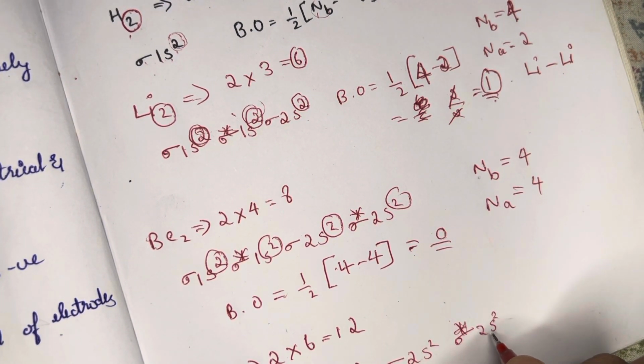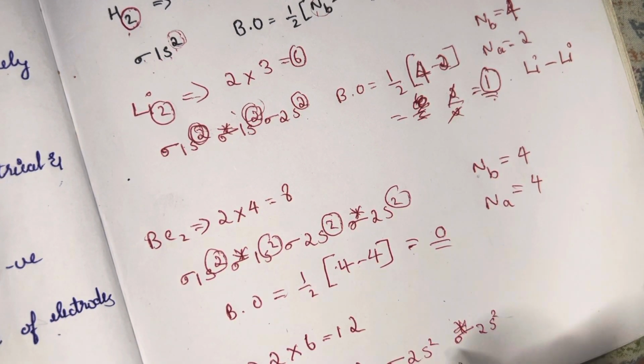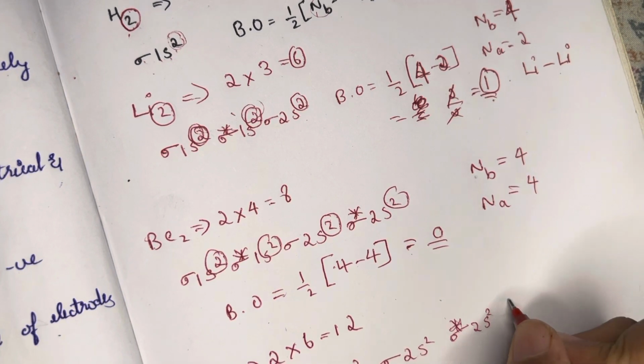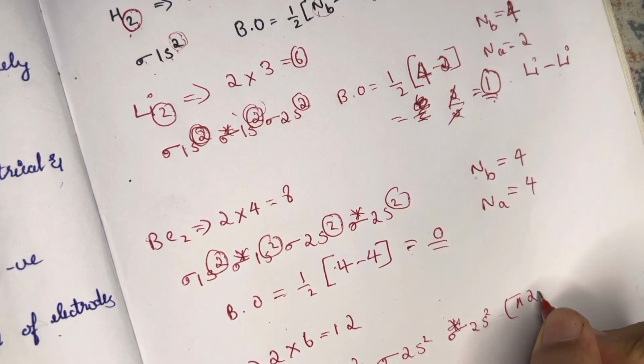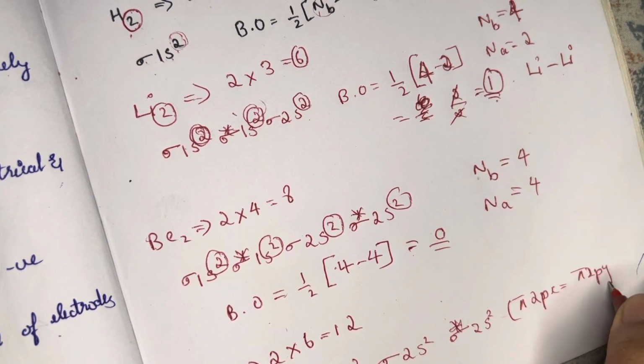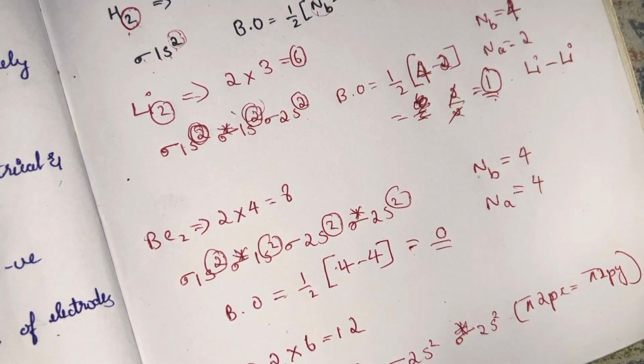After sigma star 2s is 2, if it is having 14 or fewer than 14 electrons, we'll be writing pi 2px, right? After this, pi 2px is equal to pi 2py. So care should be taken when you fill the electrons in these 2px as well as 2py orbitals. We will first be singly filling, and only after that doubly filling.